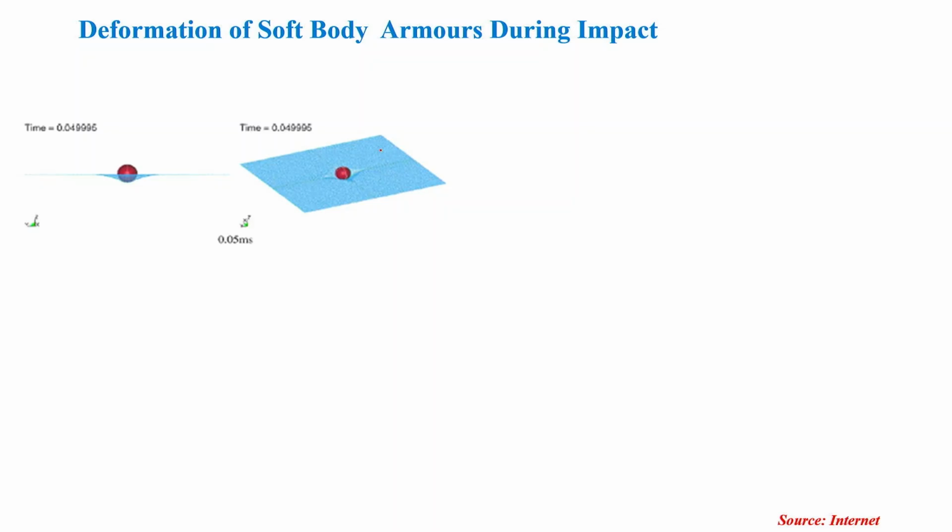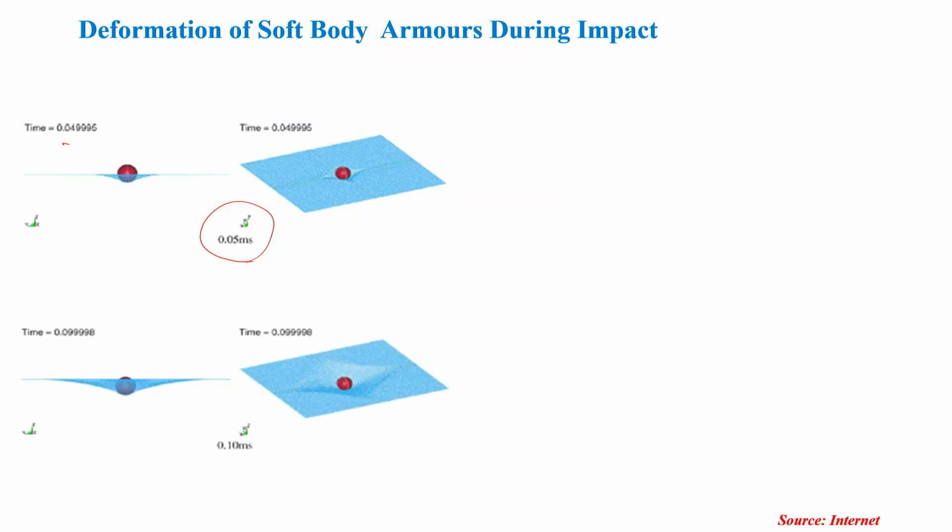At first, when it is impacting, there will be a certain depression at the impacting point, at 0.05 millisecond, after which the photograph is taken.